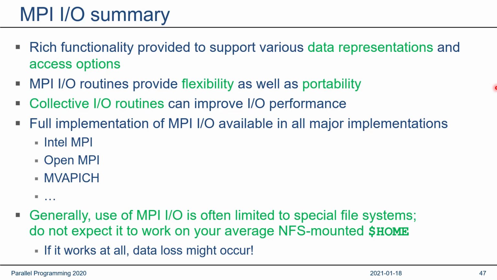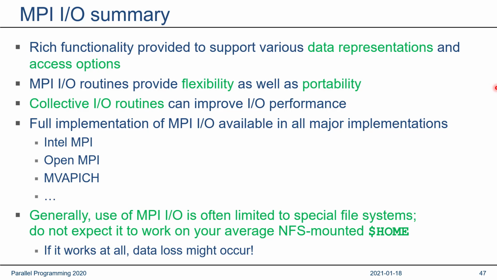All major MPI implementations have MPI-IO available and implemented. So you don't have to worry if your program uses MPI and you go to any system with a more or less standard MPI implementation, then MPI-IO is available. However, there's one caveat. Often, the proper use of MPI-IO is limited to special file systems.